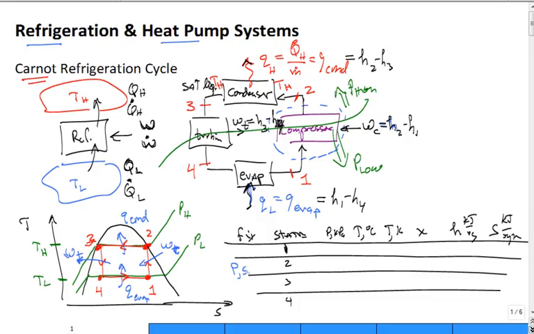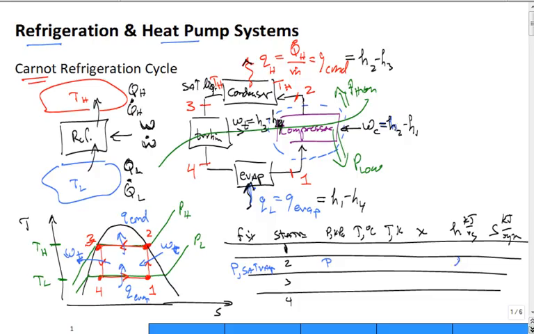So it's saturated vapor. Once I know, oh, it's a high pressure and saturated vapor, I've got it. Sometimes they'll give us the temperature instead of the pressure for the fluid in the condenser. That's okay. So now let's say that they give me the pressure. I put the pressure here and it's saturated vapor.